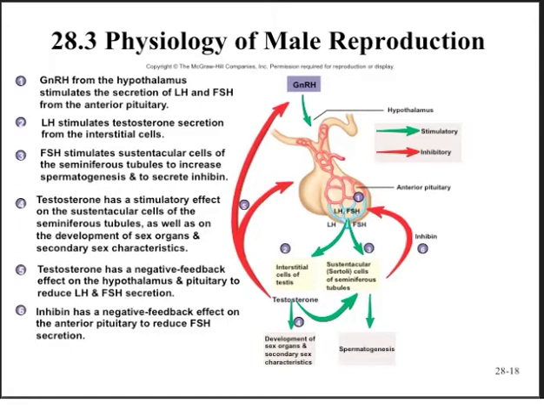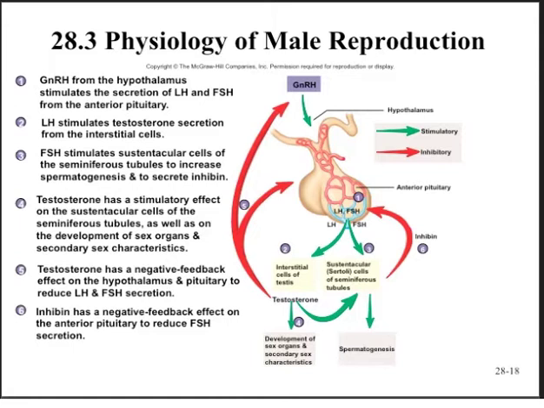The luteinizing hormone stimulates testosterone secretion from interstitial cells, which increases the rate of sperm production, among other effects. The follicle stimulating hormone stimulates sustentacular cells of the seminiferous tubules to increase spermatogenesis and to secrete inhibin.